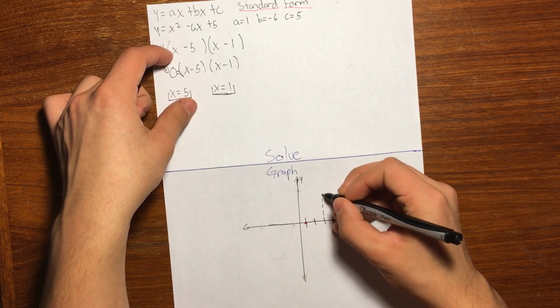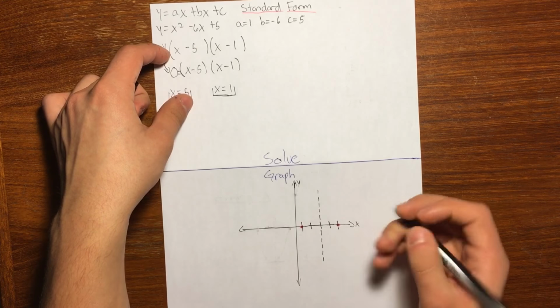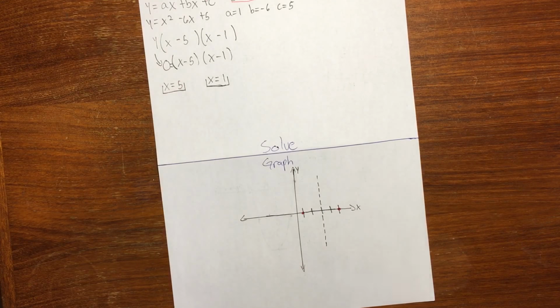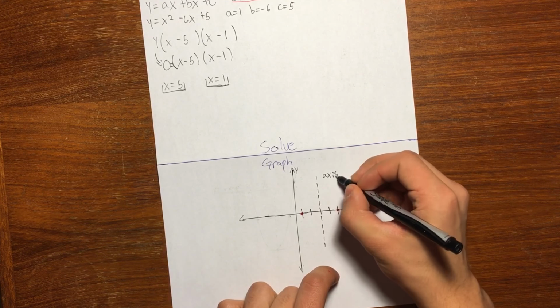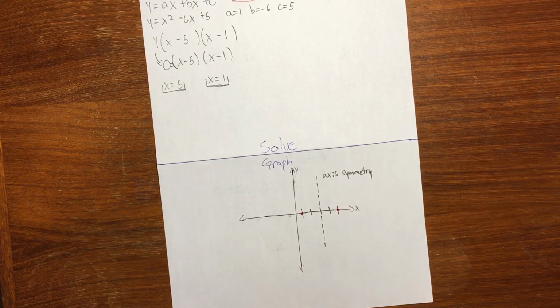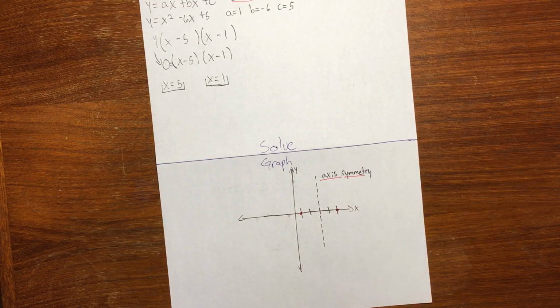Let me split it in half. There you go. As you can see, you have 1, 2 here, and then 1, 2 here. So that would be the axis of symmetry. Let's label that, and then let's underline it. Boom, pow, there you go.